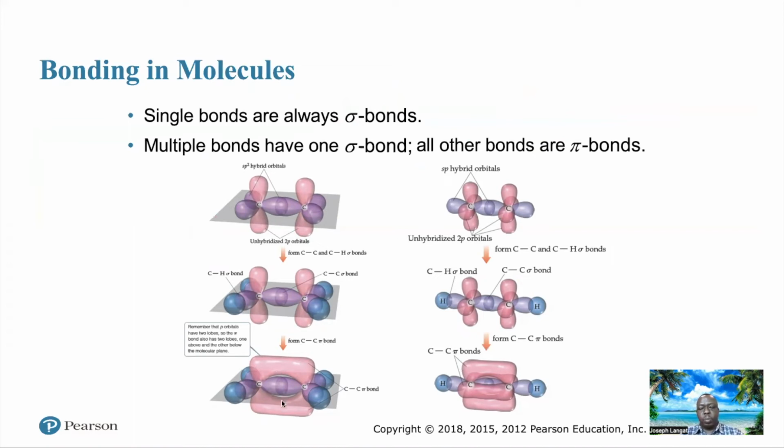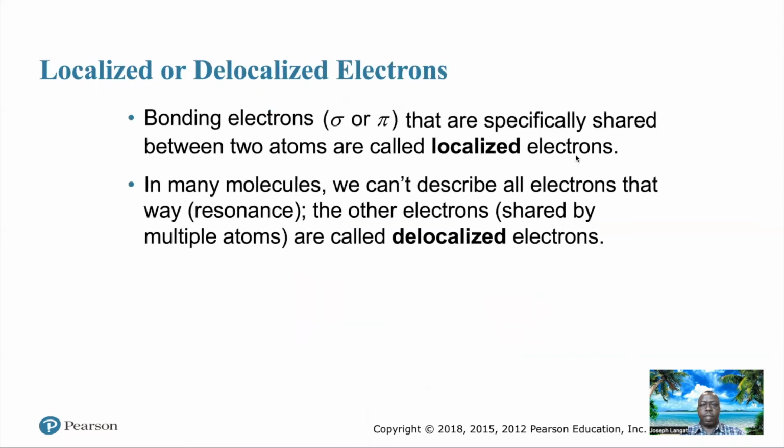So a double bond consists of 1 sigma and 1 pi bond. Multiple bonds have the pi bonds localized. So that's what I want you to know as far as double bond.